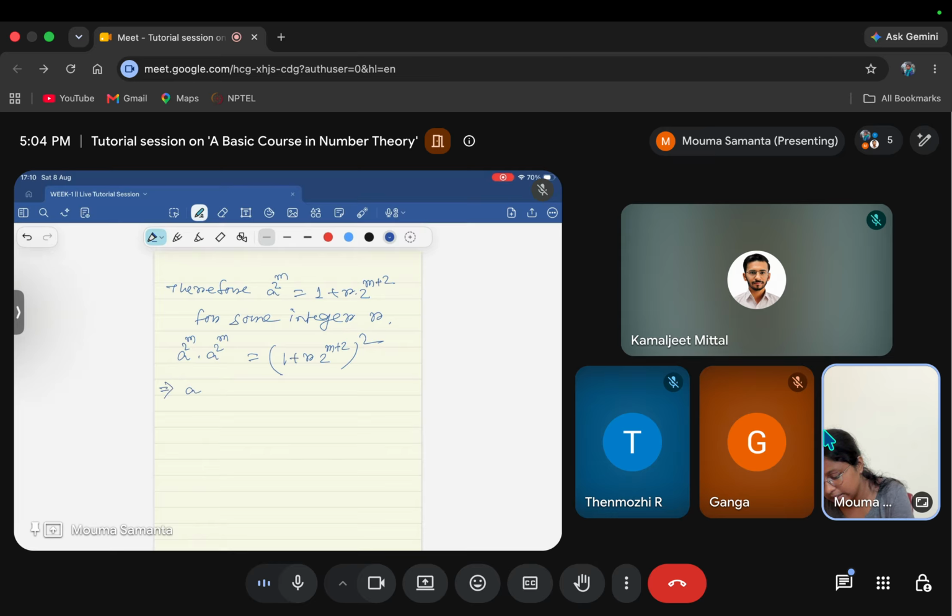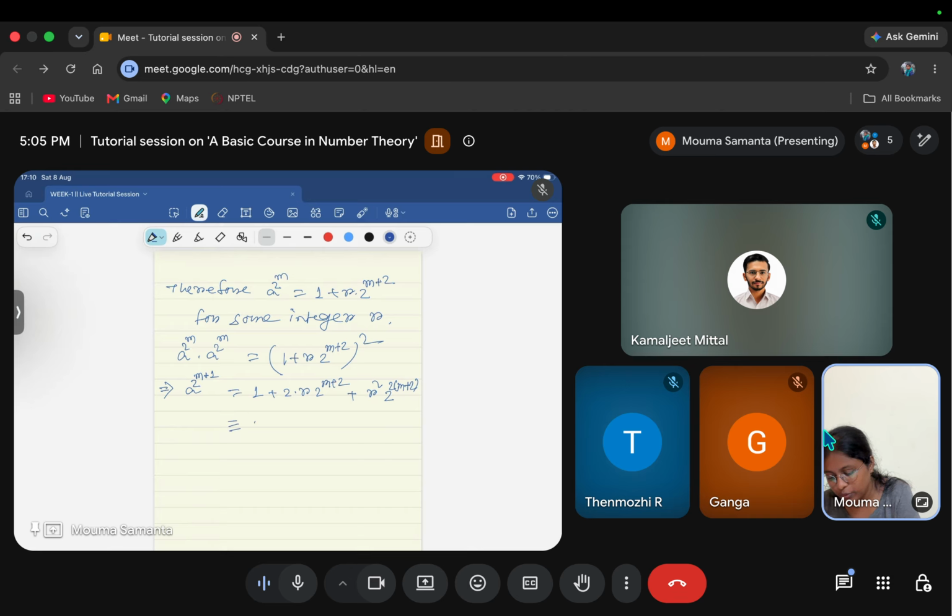This is exactly A power 2 power m plus 1. This is equal to 1 plus 2r into 2 power m plus 2 plus r square 2 power 2 into m plus 2. Okay, now this is the left hand side.